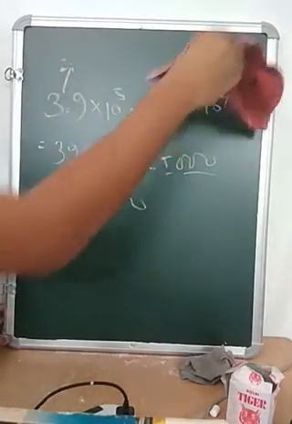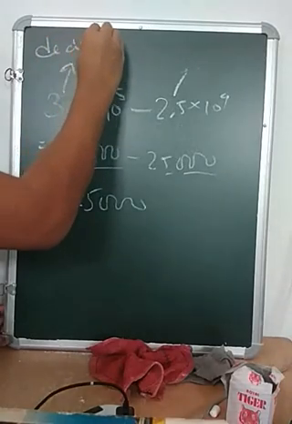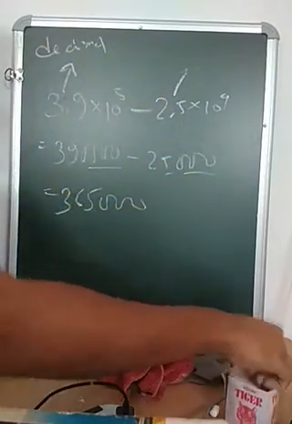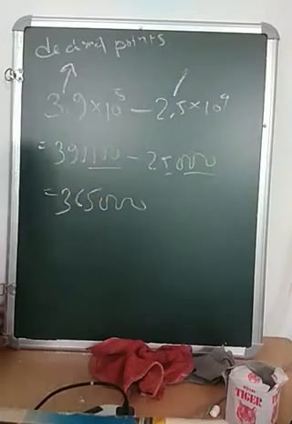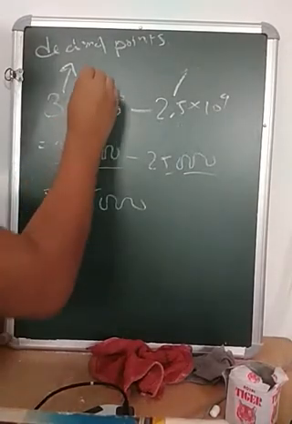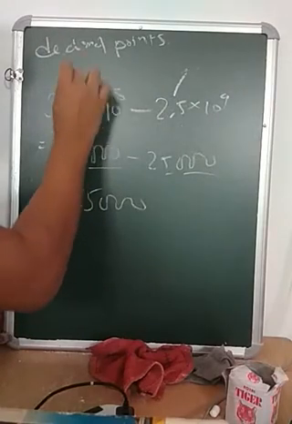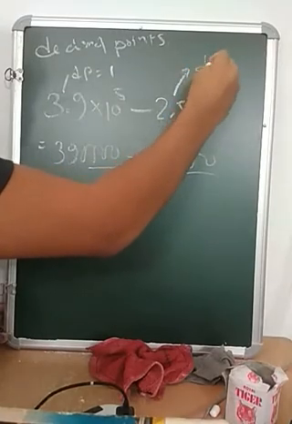Sorry, in case of subtraction and addition, what we see is decimal points. In case of addition and subtraction, when we deal with significant figures, we see decimal points. So what is the decimal point here? The decimal point is this 1, and how many decimal points are there in this number?